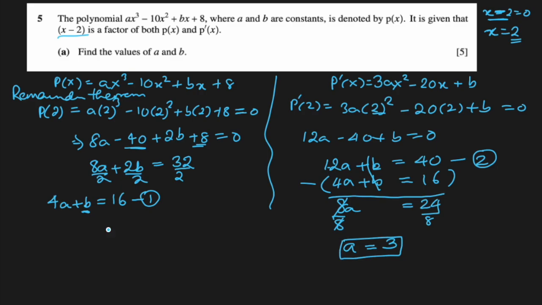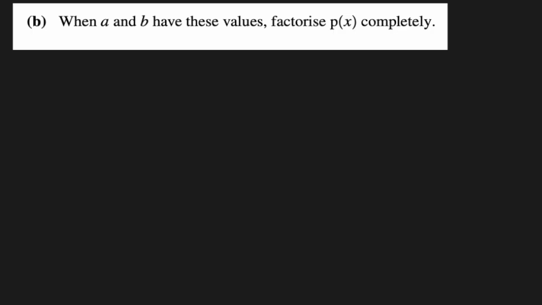We got a. So can we get b here? Let's substitute here. 4 times 3 plus b equal to 16, so b equal to 16 minus 12, b is 4. So we got a and b, both of them.